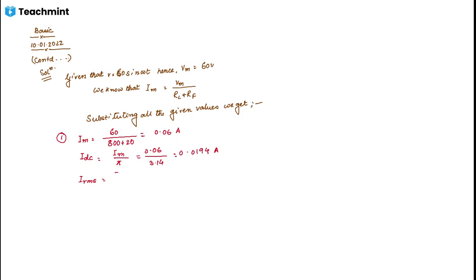IRMS equals Im by 2, so that is equal to 0.06 by 2, that is equal to 0.03 A. So this is the first answer, this is the second answer, this is the third answer.